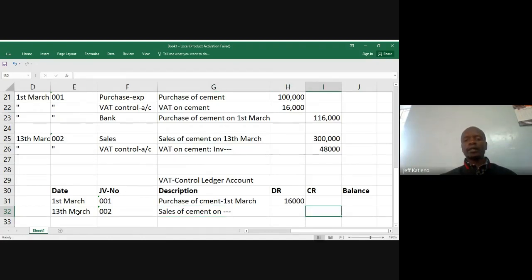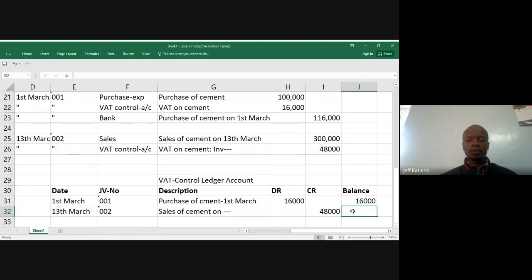This one is not 16,000, this is now 48,000. So the difference will be, oh, the balance I've not put here. This is 16,000. Now the balance here will be 16,000 debit less 48,000 credit is 32,000 credit.